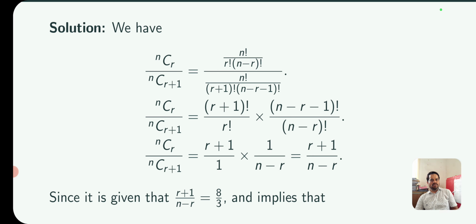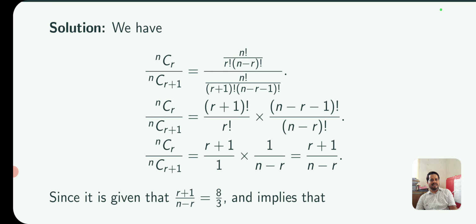You just apply the definition of a combination. We get n factorial divided by r factorial into (n minus r) factorial, and again apply the same definition in the denominator: n factorial divided by (r plus 1) factorial into (n minus r minus 1) factorial. Simplifying, we get r plus 1 upon n minus r.